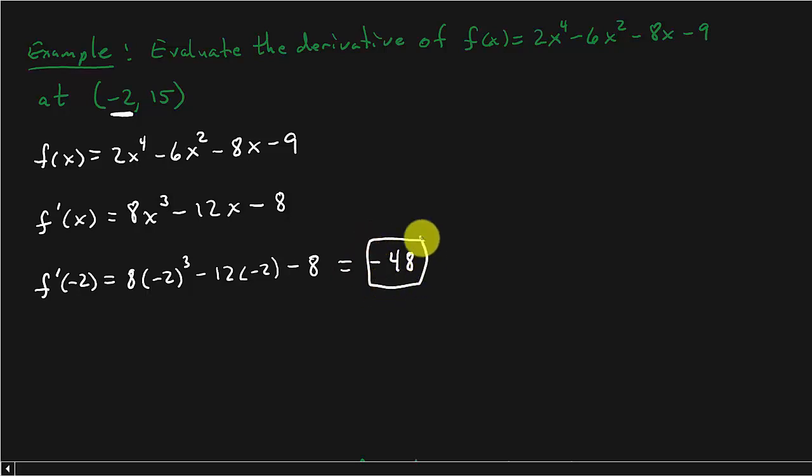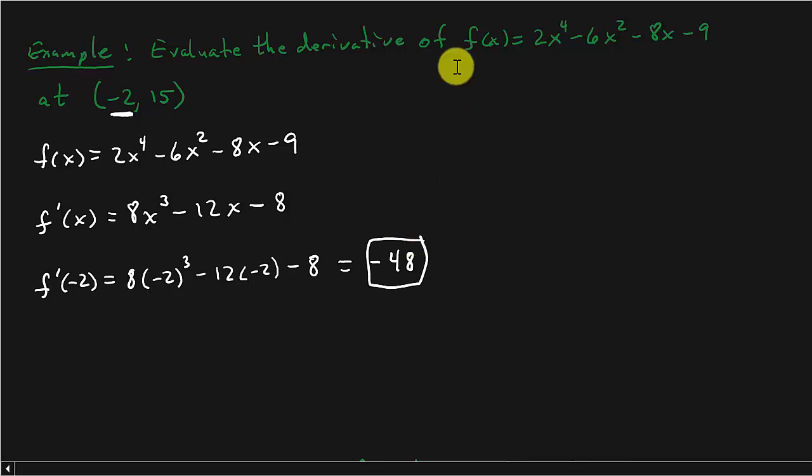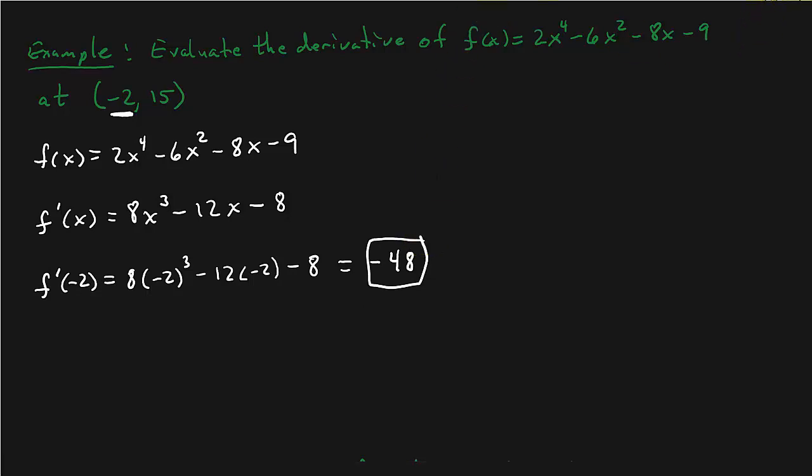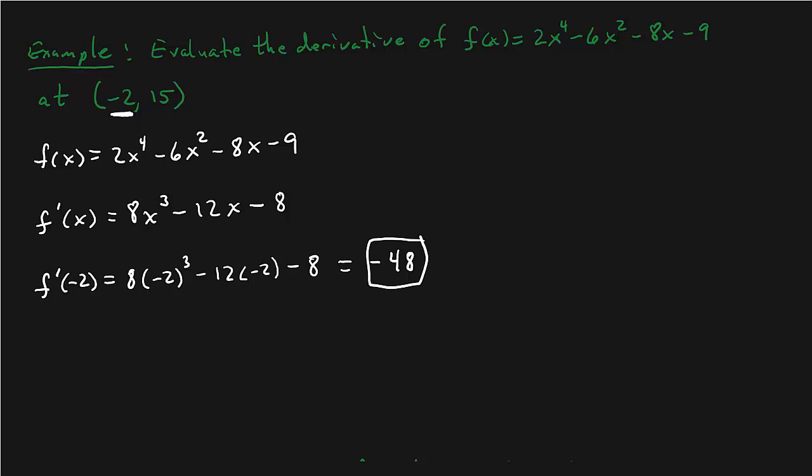So that's evaluating the derivative at a point. Okay? So what does that actually give us if we're evaluating the derivative at a point? Well, let's look at some more examples and see if the more examples we work with, they're going to explain it to us.